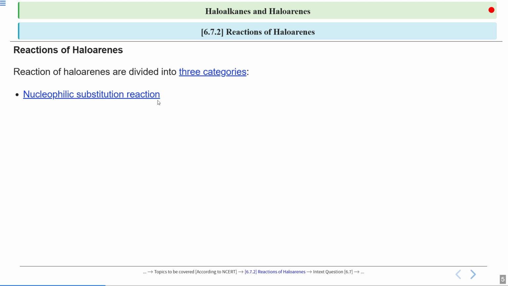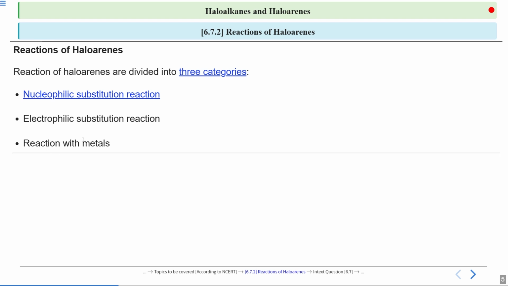The second category is electrophilic substitution reaction, and the third category is reaction with metals. So these are the three major categories in which you can divide the reactions of haloarenes.